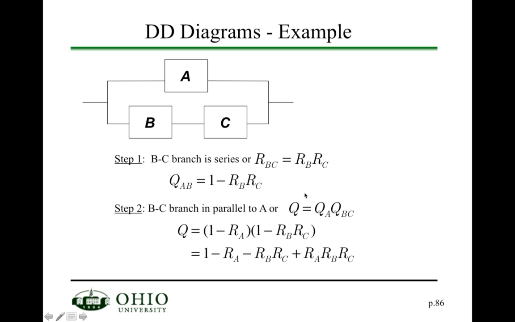So my overall system unreliability is the unreliability of A multiplied by the unreliability of BC. I take the unreliability of BC as 1 minus the system reliability, plug this back into the unreliability equation and work it out. So now my whole system unreliability is given by this equation.